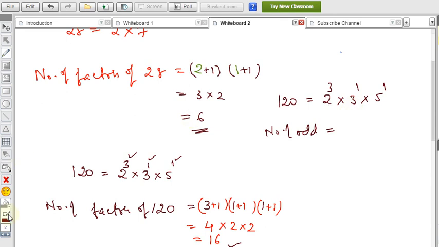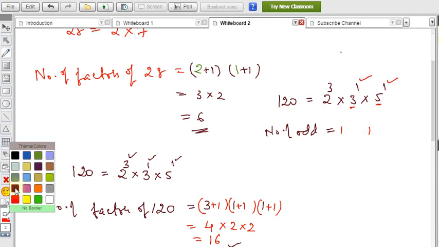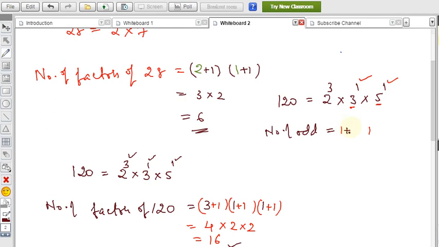So 3 is a base and 5 is also a base. Both are odd numbers. Now the powers are 1 and 1. Then adding 1 extra is common for all, so take plus 1 and plus 1.